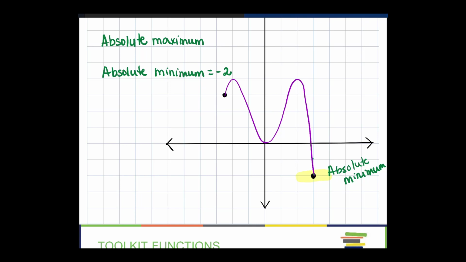Your absolute maximum is here and there. So it looks like the y is 4. So absolute max happens in 2 places, but that's okay. They both have the same y coordinate. And that's all that counts.